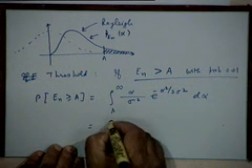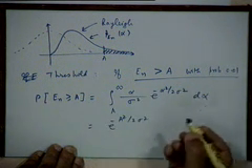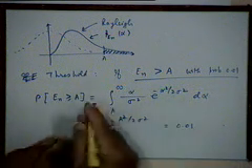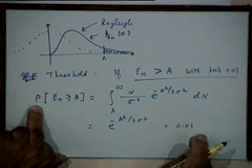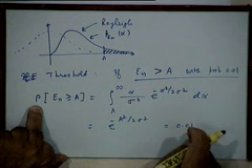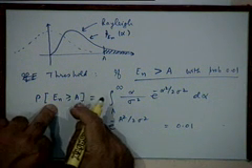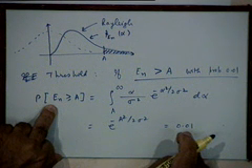Its value will be e to the power minus A square upon 2 sigma square. It's actually very trivial, and this probability we are saying should be equal to 0.01 at the point of threshold. Is that clear? We are defining our threshold point to be the point at which the probability of this event becomes equal to 0.01, right.